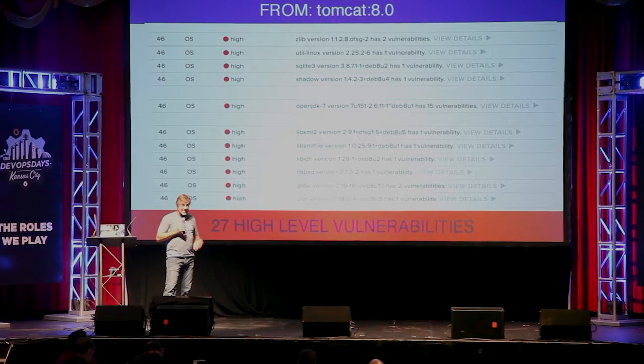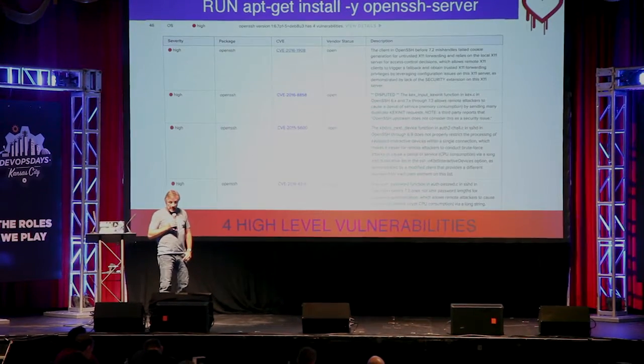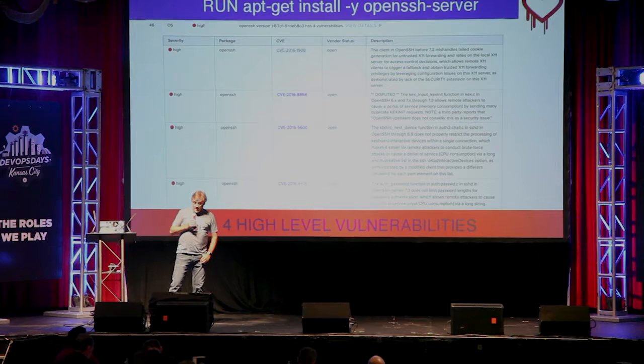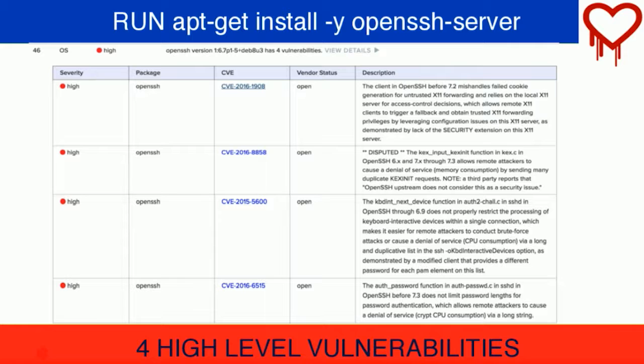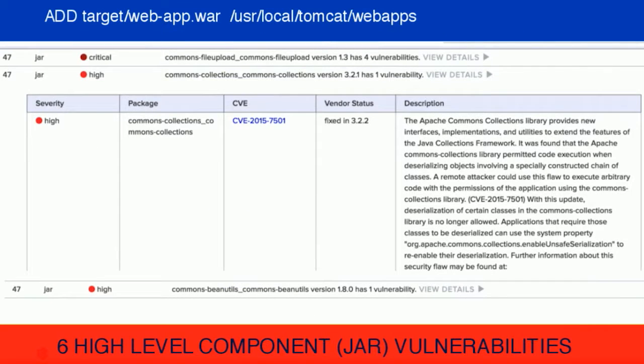We're going to remediate this here in a little bit. The OpenSSH server was made famous with Heartbleed. These vulnerabilities shown here aren't Heartbleed, but they could be the next Heartbleed if you used this version of OpenSSH.